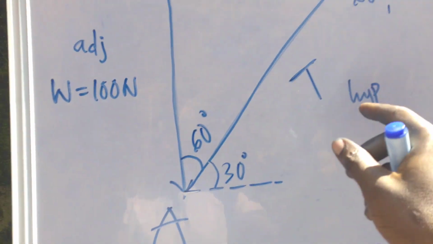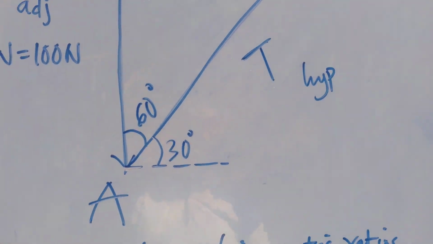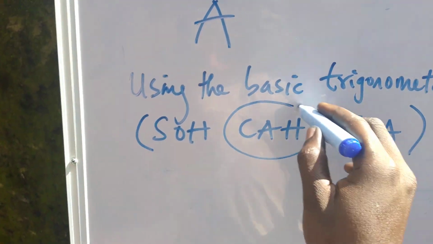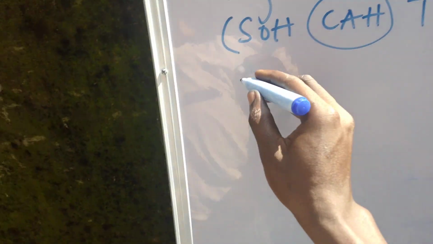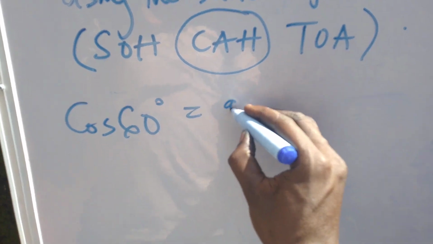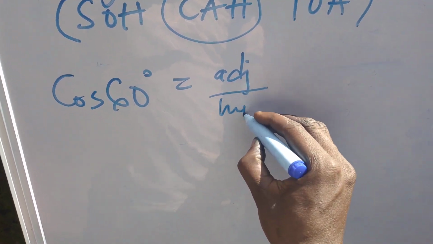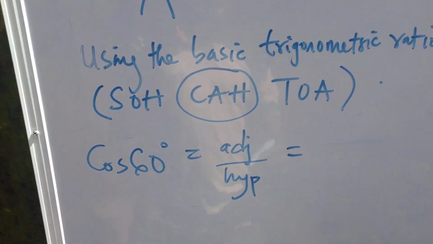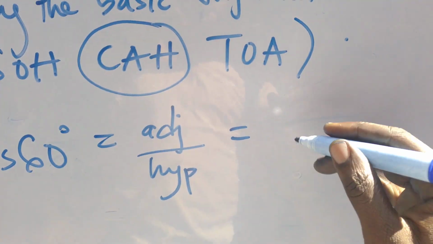So what we just need is to find this, and we have this side. So we have adjacent and hypotenuse. So what I will use now is cos. So cos 60 degrees is the adjacent side over the hypotenuse, and my adjacent side in that diagram is W, which is 100 Newton.